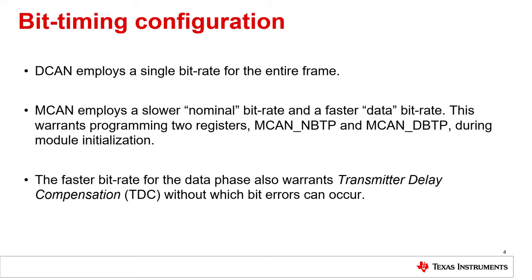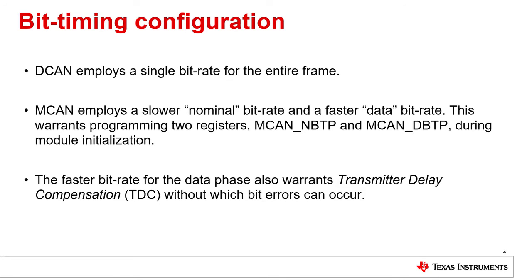Bit timing configuration differs between classic CAN and CAN-FD. The process is relatively easier in classic CAN since the bitrate is the same for the entire frame. However, in CAN-FD, two different bitrates can be used: a slower nominal bitrate and a faster data bitrate.